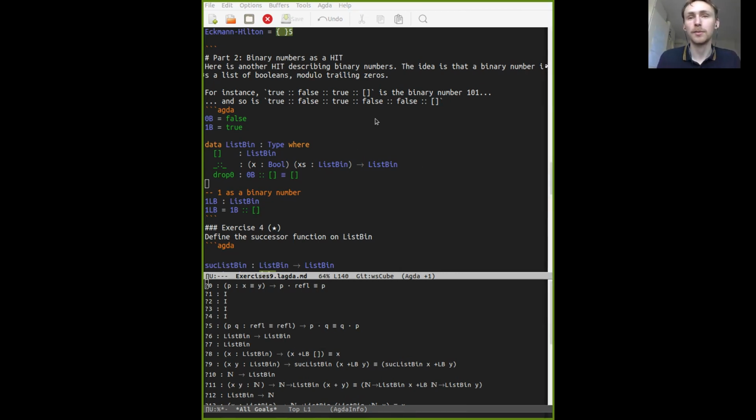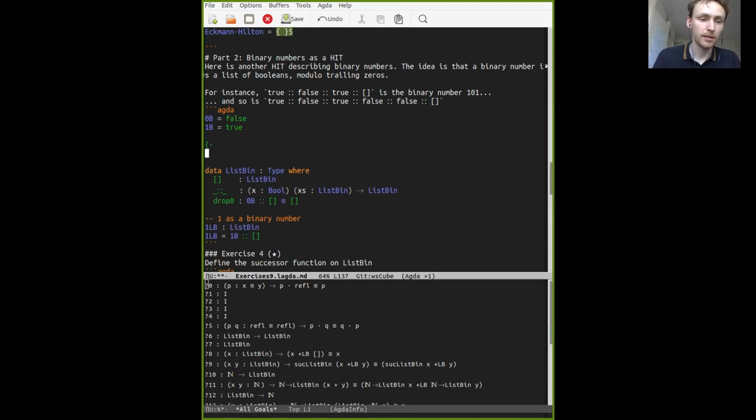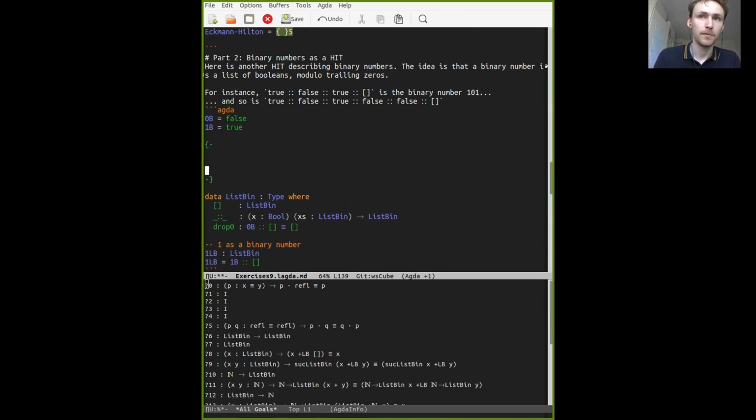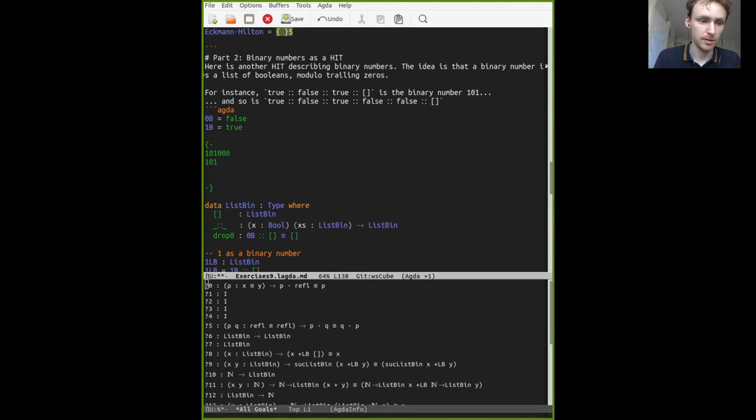So the idea is, well, what is a binary number? Well, it's just a list of Booleans. But then you of course run into this issue that if you have 101, 0, 0, 0, and 101, these should be the same binary numbers, of course.